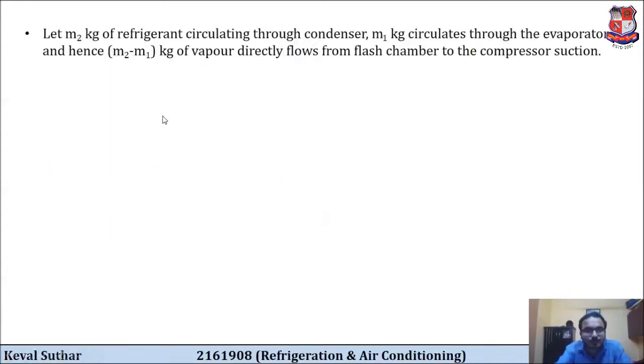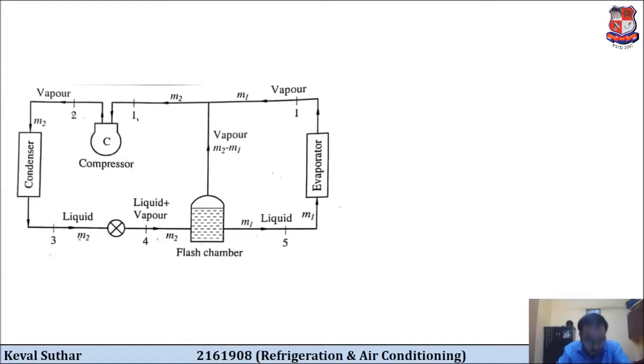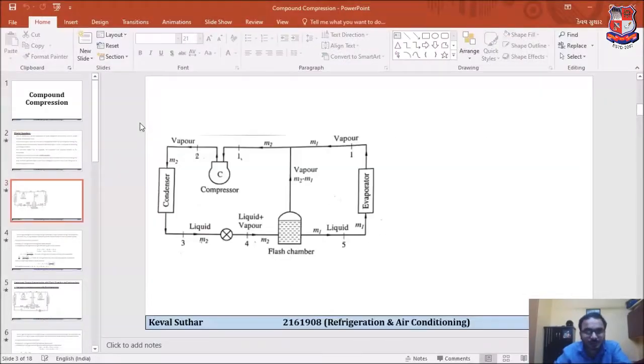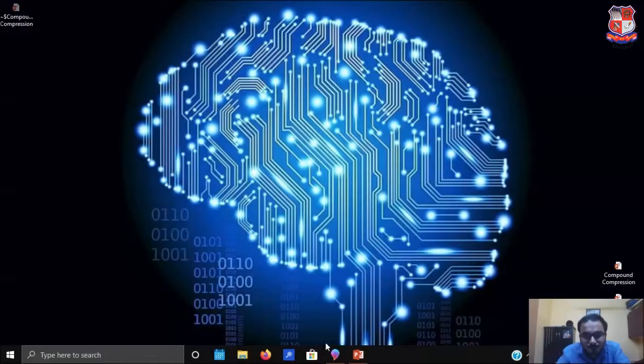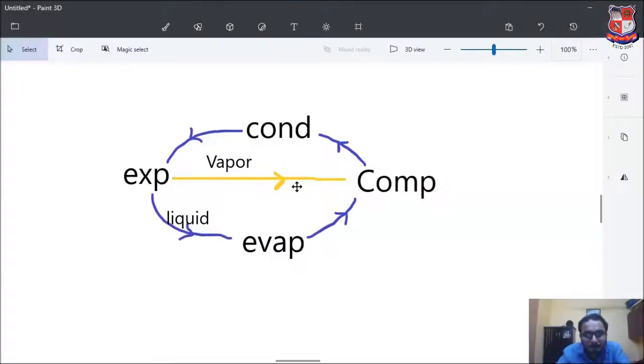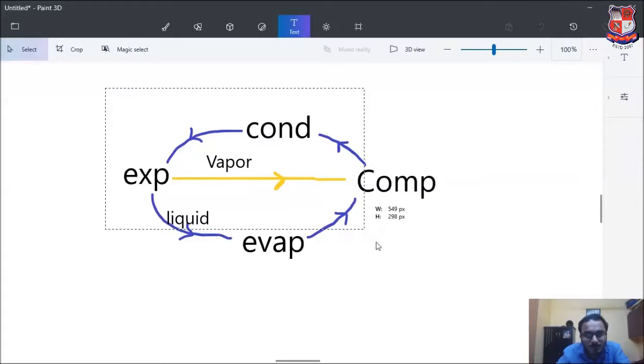So we will understand this with a p-h chart. We will copy this, and now we can erase this portion.